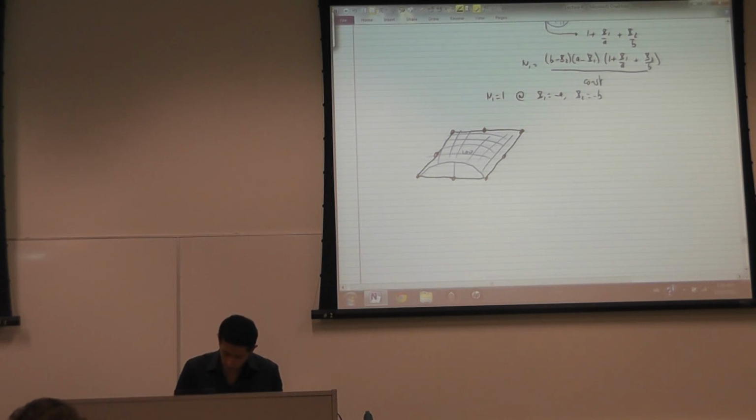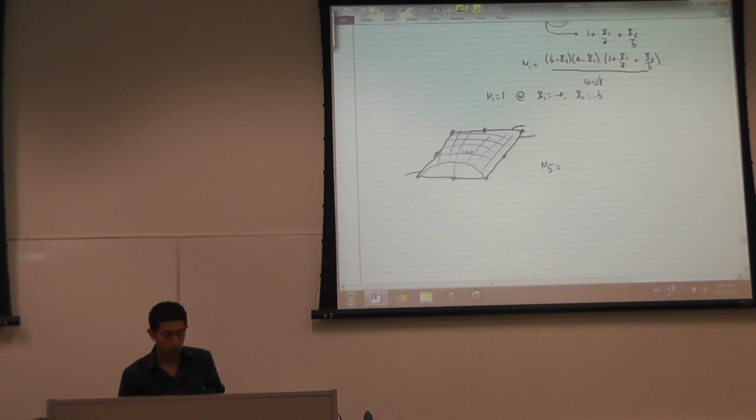N5 will be equal to this line multiplied by this line, the equations of those three lines multiplied by each other.